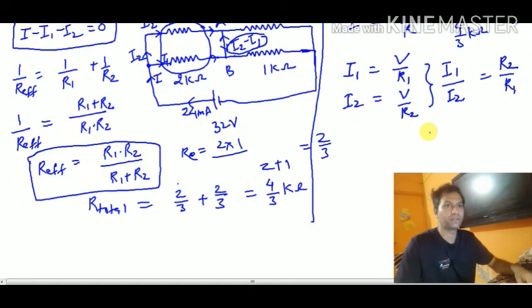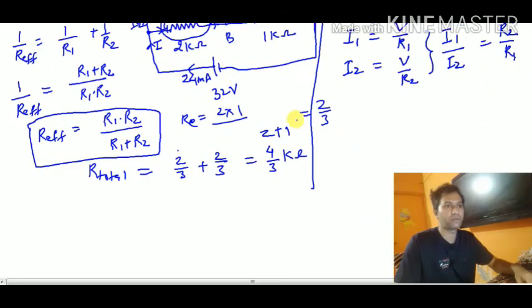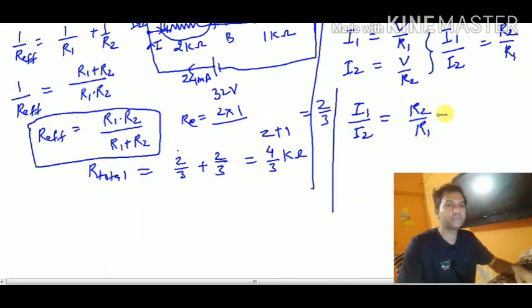Therefore I1 by I2 is equal to R2 by R1, which implies that I1 is equal to R2 by R1 into I2.